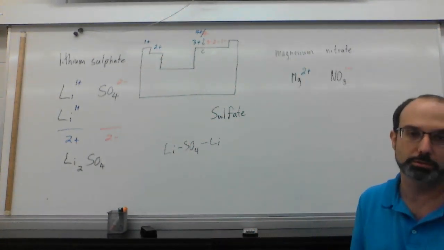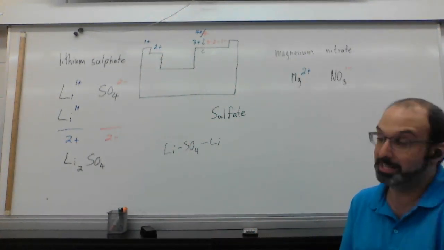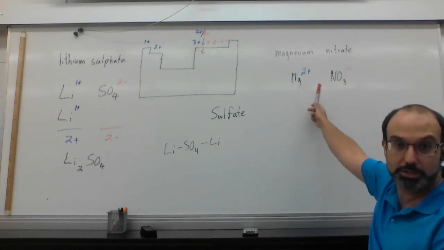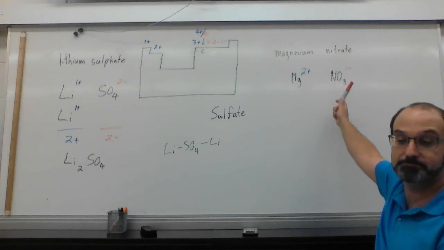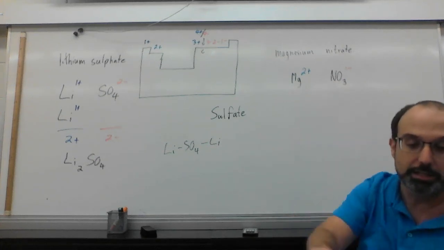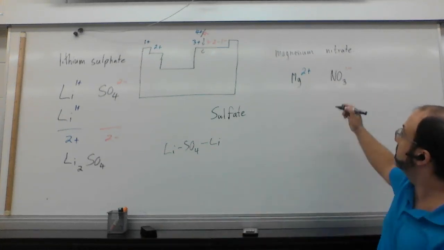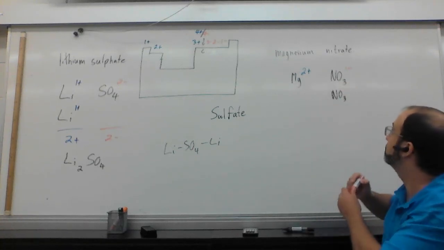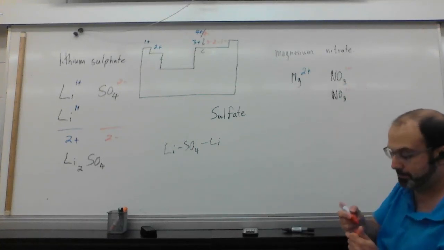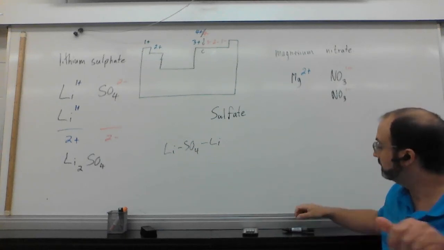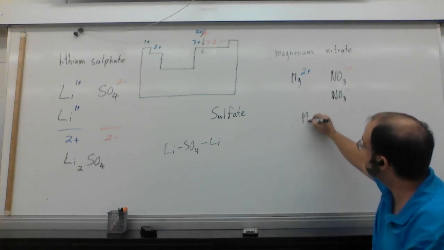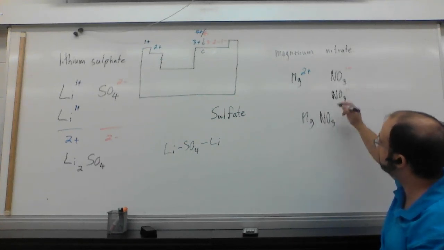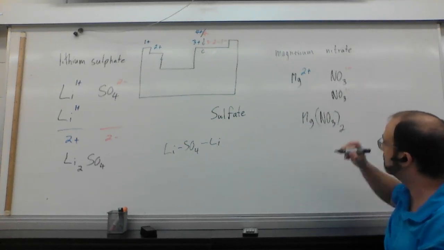Well, almost. I mean, we have to actually balance it, right? Just like we did over there. So in this case, this one is worth 2, and this one is worth 1. So that means we need 2 of these guys. Again, I could draw it out and say, okay, NO3 with a charge of 1-, and we would go with Mg(NO3), and there are 2 of them, so brackets 2.